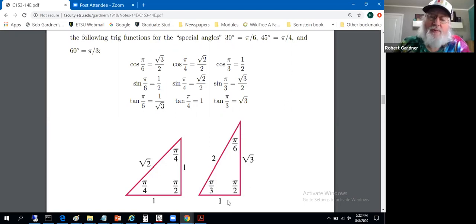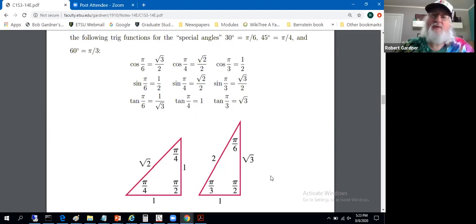And now Pythagoras will tell us that the missing side must be the square root of 3. This squared plus this squared equals that squared. 1 plus 3 equals 4. That one checks too.